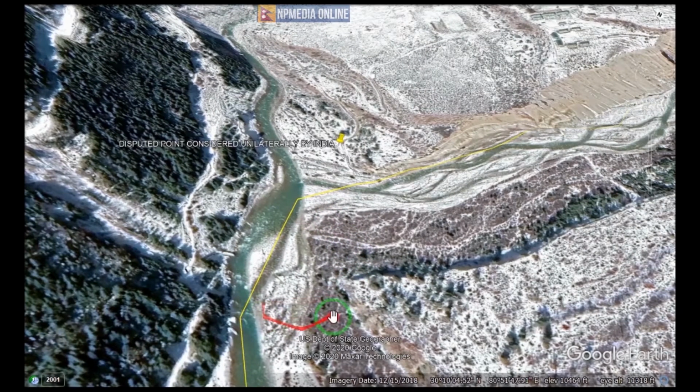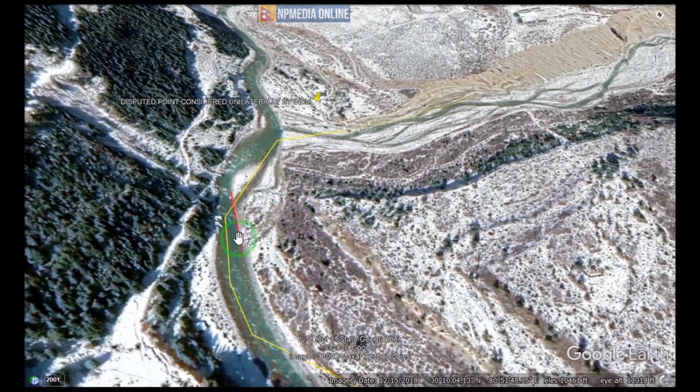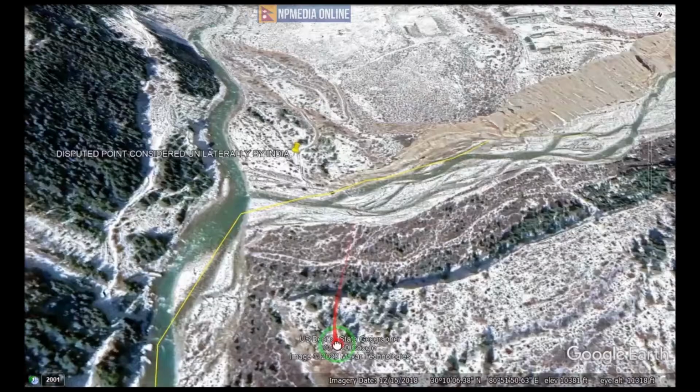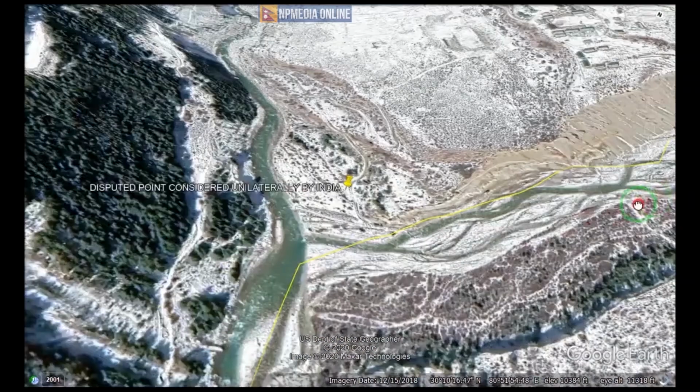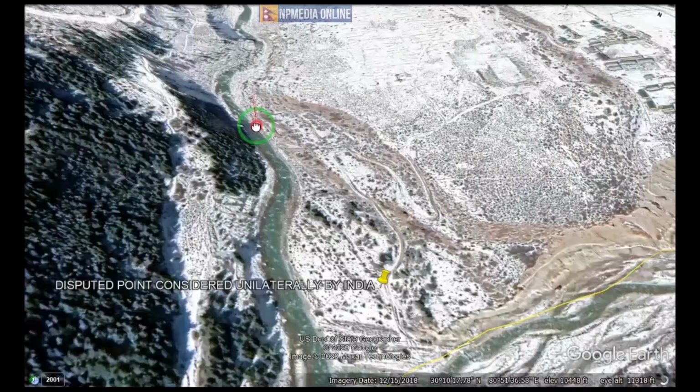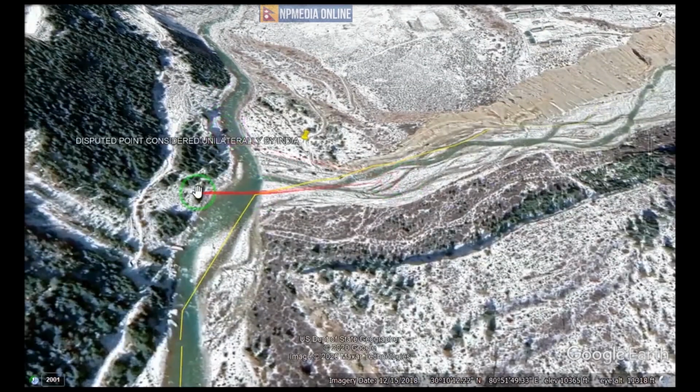You can clearly see, this huge water volume of the Kali River is certainly not formed by the small brook E, when another single huge water stream source is already at the confluence with the brook E to the Kali River at Ganges.